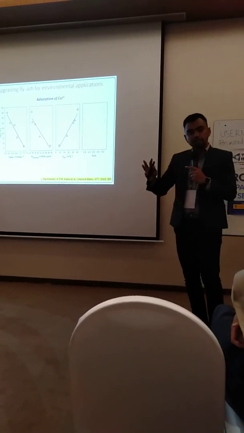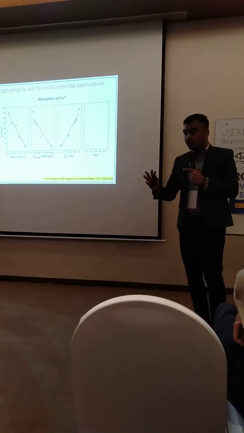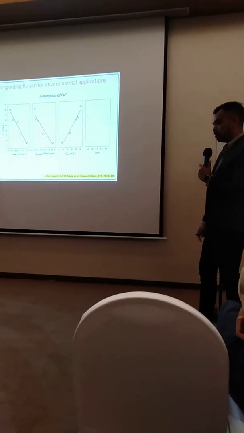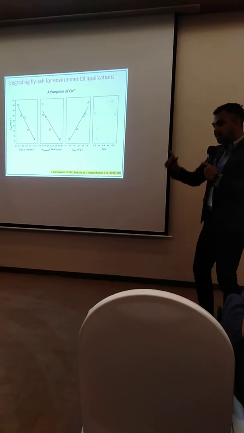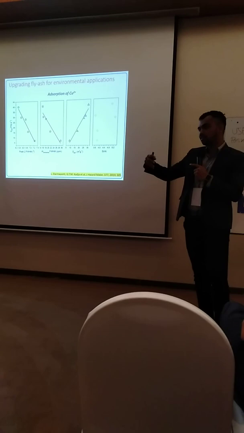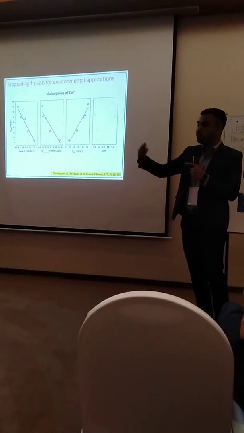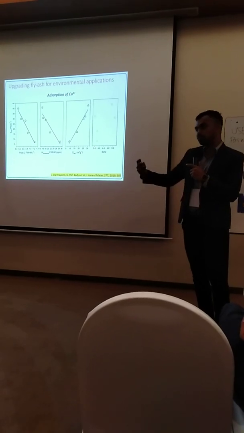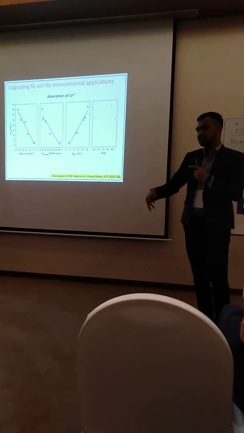But you see, it is often said that the lower the silicon to aluminum ratio, the higher the negative charge, because there is more aluminum, which means there is more negative charge.